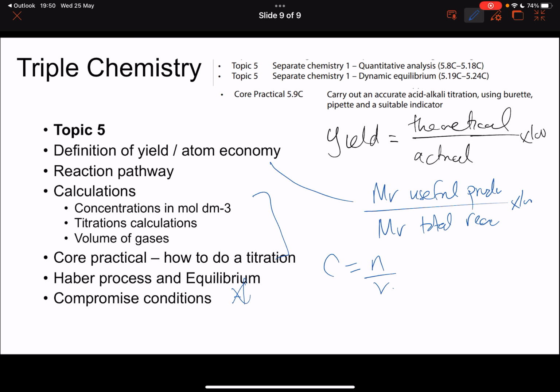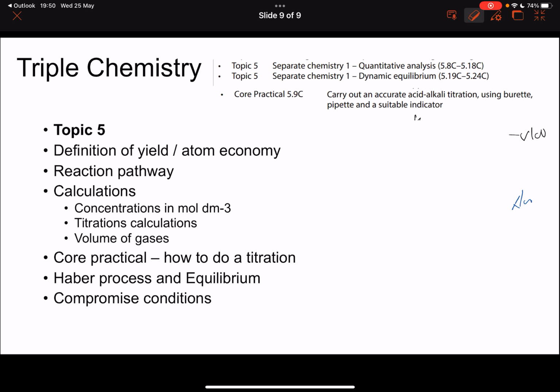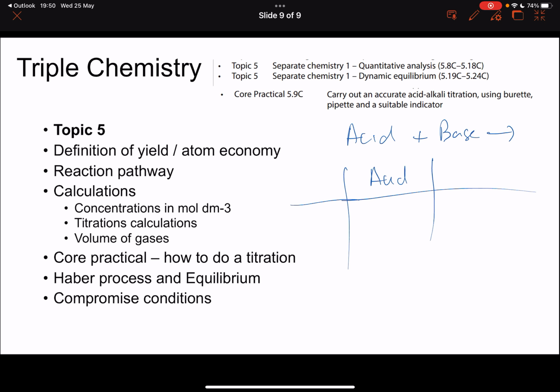So how do we do a titration calculation? A typical titration calculation is where an acid reacts with a base. My advice is to do this as a table. List the volume you know and the concentration you know.